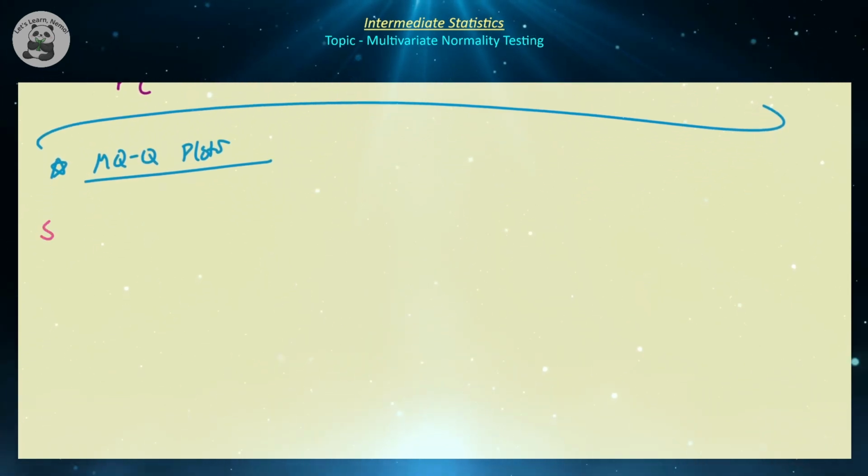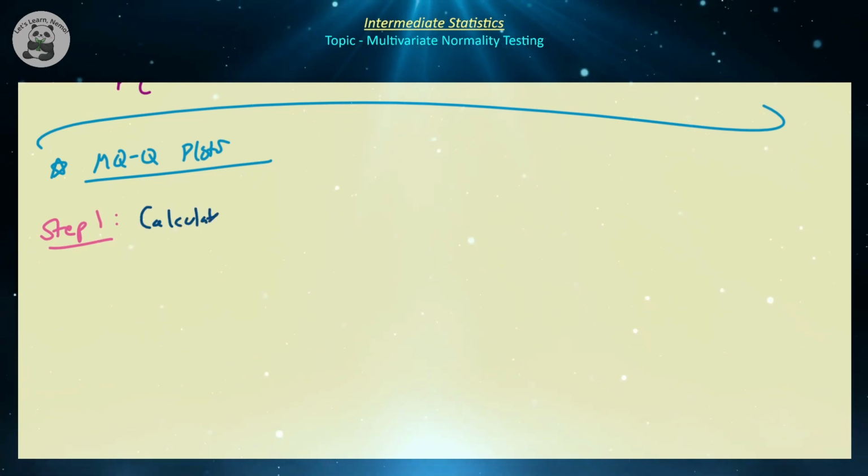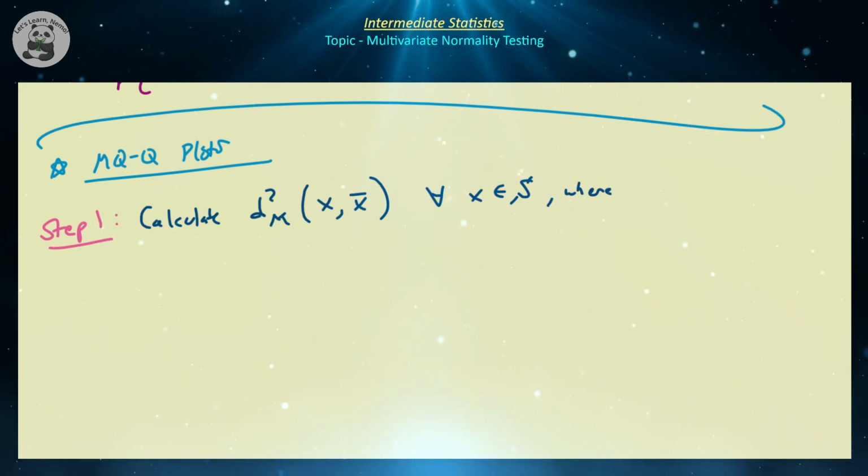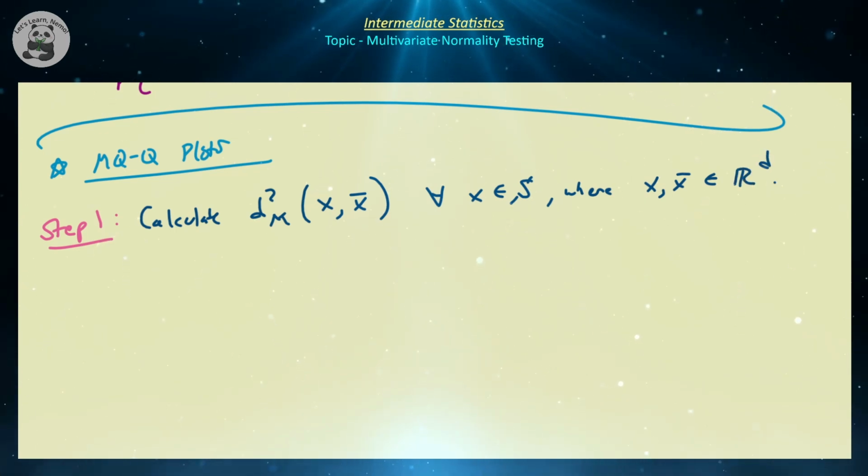Right? So what is the first step we need to do in order to generate a Mahalanobis quantile plot? The first thing is to calculate the squared Mahalanobis distances of x with respect to x bar, and that's done for all vectors x in our multivariate sample S. Keep in mind these vectors x belong to d-dimensional space.